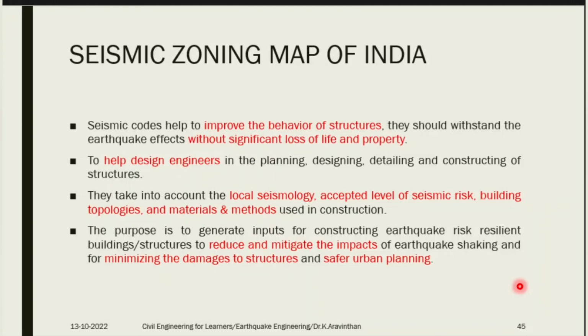If any zone falls under high seismic effect, they will not give approval for that site or that layout. They will say that this is a seismically prone zone, no construction of G+20 is allowed. So at the approval point, the government will stop that. So by following this, you can make a safe construction.